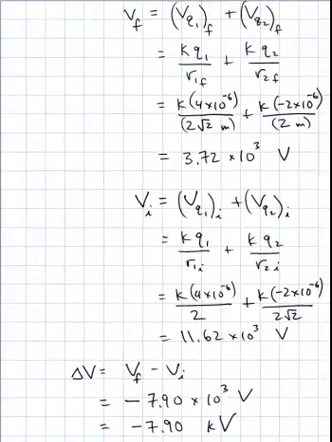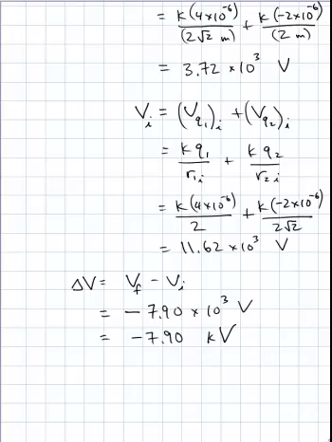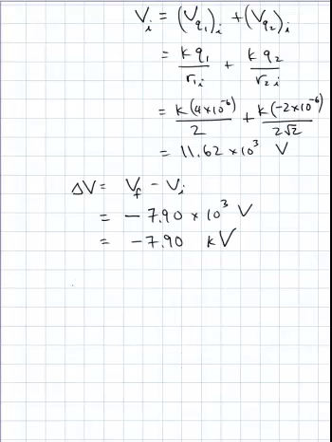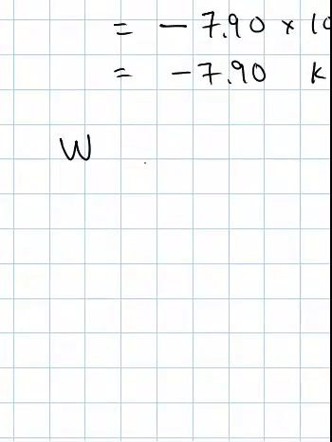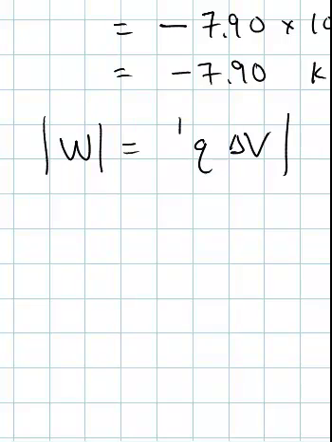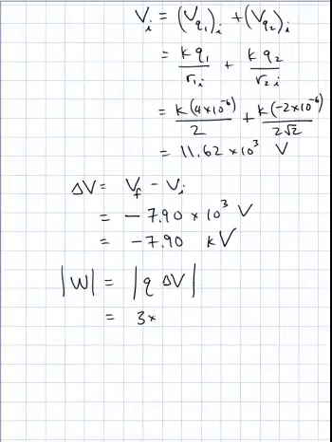So let's figure out what the magnitude of the work done is. Our charge is 3 times 10 to the minus 6. Remember, this is the charge that we're moving between the delta V caused by the other charges.